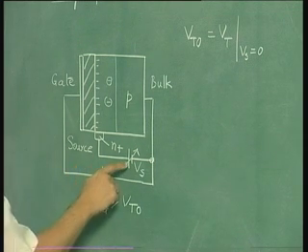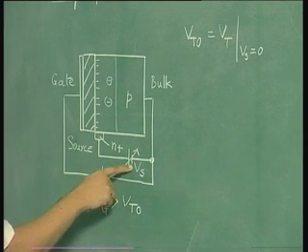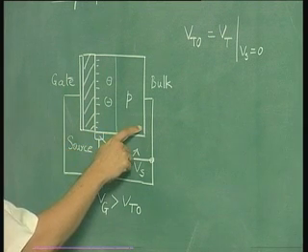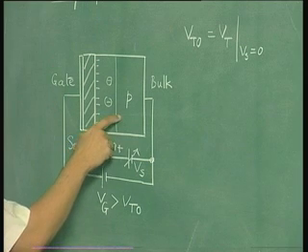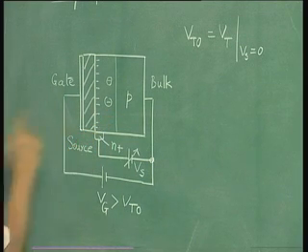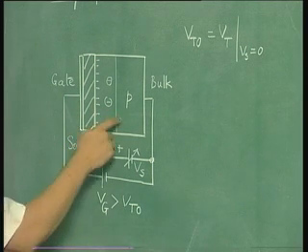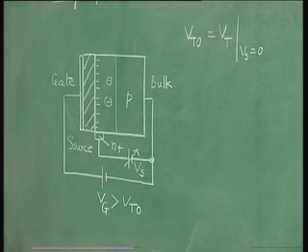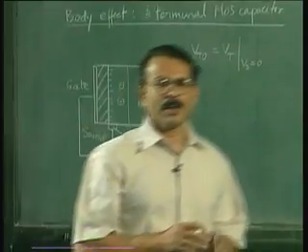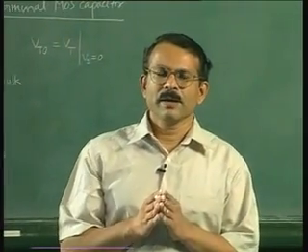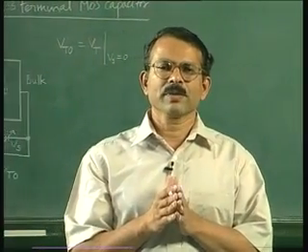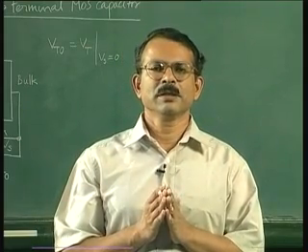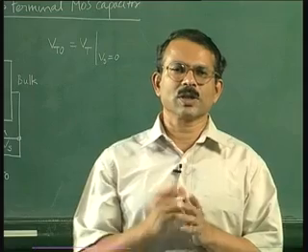Now the question is, what is the polarity of Vs? Note that if the N plus contact is made negative with respect to bulk, then this P N plus junction will get forward biased, and when there is a forward bias across the junction, you know that a large current flows. So if your N plus contact is of negative polarity with respect to the bulk P type region or substrate, then a large current will flow through this contact.